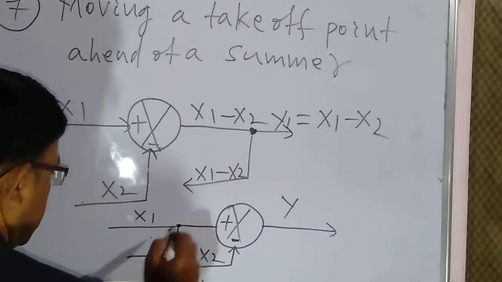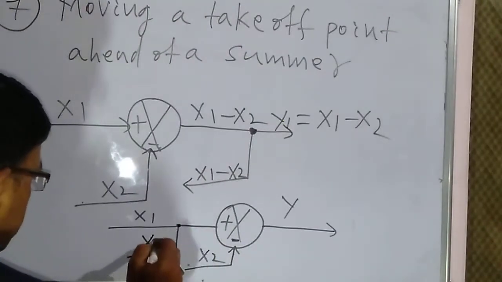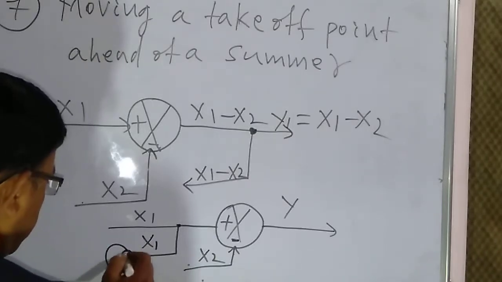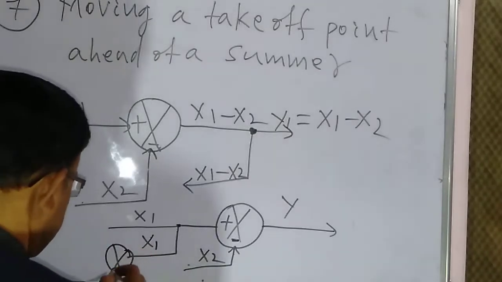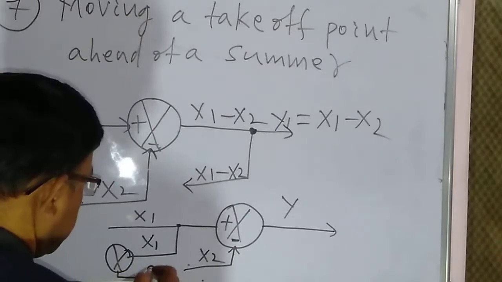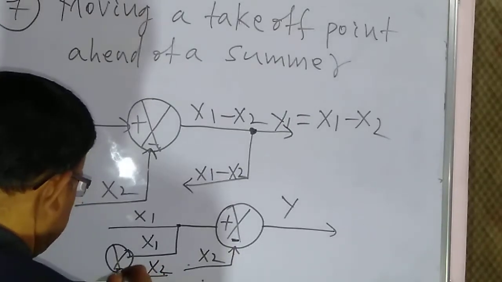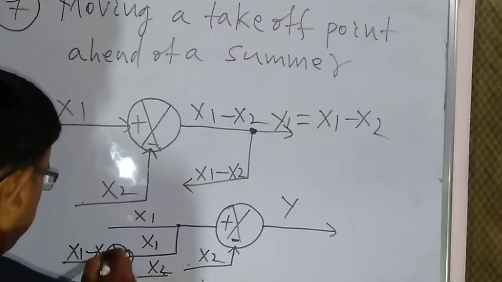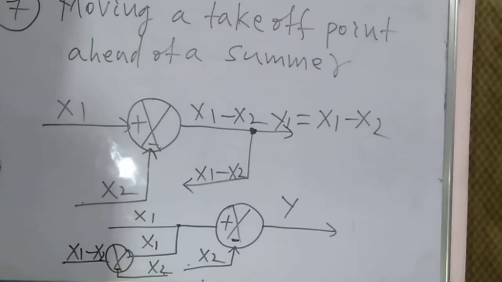Obviously this will be x1. So here another signal will come, that is x2, and you can get x1 minus x2 here.